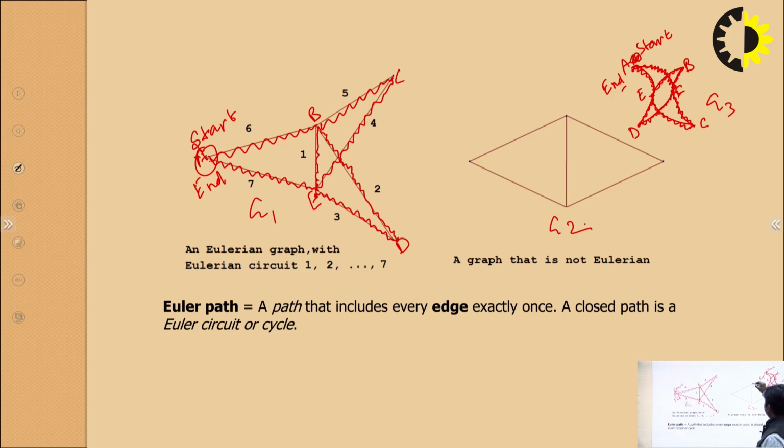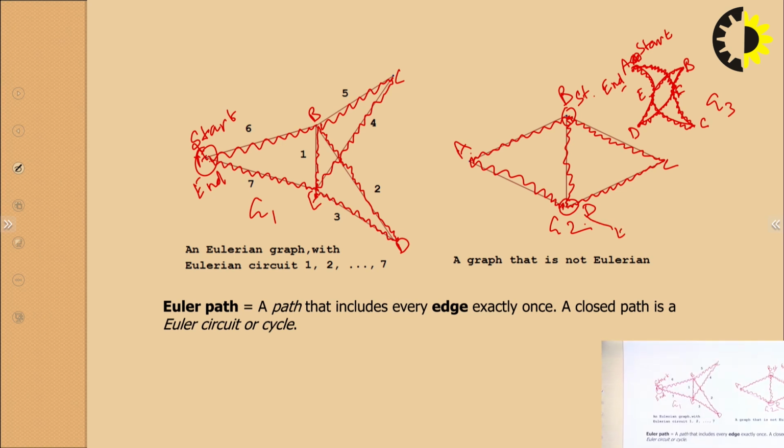If we start with the vertices, writing the names here, A, B, C, D are the 4 vertices. If we start with vertex B, go to vertex D, C, B, A and C. This was the start point, and this one the end point.